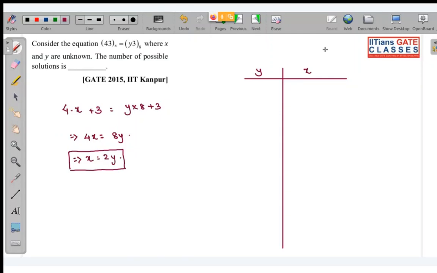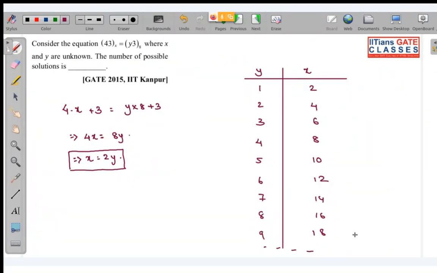Piyush is telling 7. Shubham is telling 0. Bhumika, what answer are you getting? Bhumika is also telling 7.